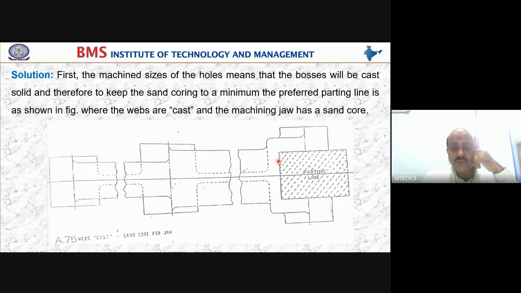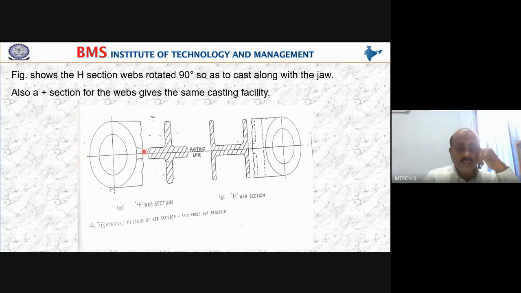So the small modification you can bring over there is that the H section webs are rotated 90 degrees so as to cast along the jaw. Also a plus section for the webs gives the same casting facility. So this is the parting line they are showing over here, this is the plus web section, and this is an H web section.